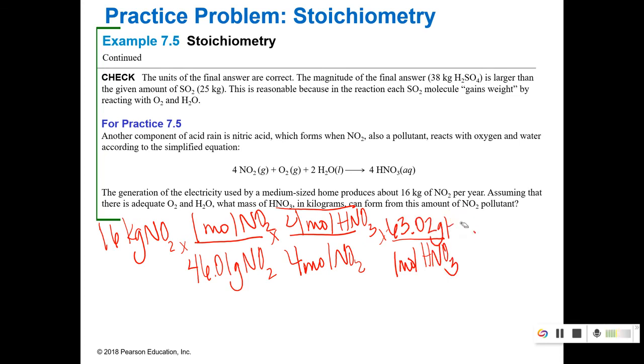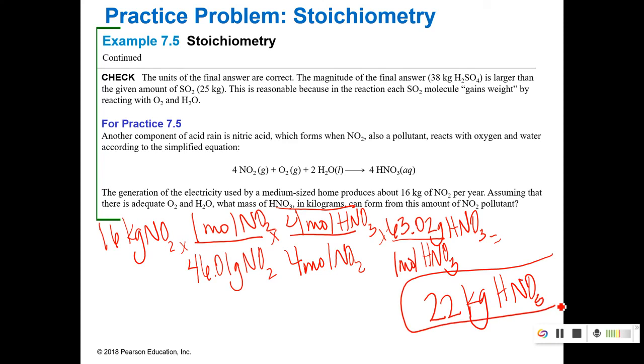Again, the same things cancel. I don't know why I wrote water. Habit, I guess. Okay, so I get 2 sig figs is 22 kilograms of nitric acid. That's an ugly 3. Okay, there we go.